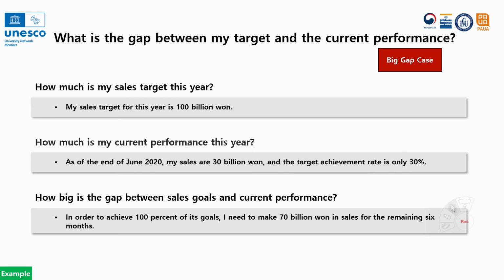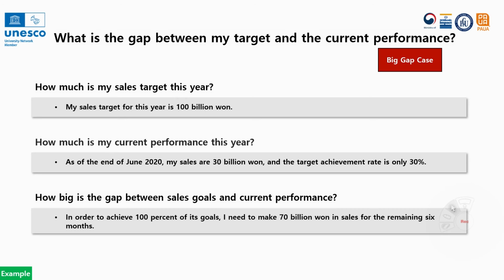So as I said, gap is the difference between the target and performance. So the gap is 70 billion won. In order to achieve 100% of my goals, I need to make 70 billion won in sales for the remaining 6 months.